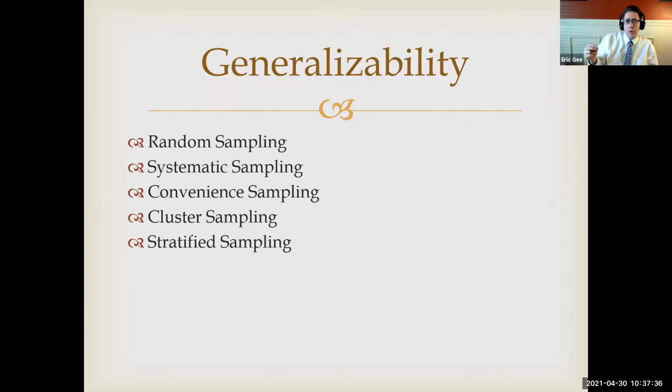I would want to make sure I've got some representation from all different parts of Idaho, because southeastern Idaho is very different from the Boise area, which is very different from the Panhandle in terms of demographics in some respects. So I might want to deliberately select from those three areas to have decent representation of whatever it is I'm trying to study.